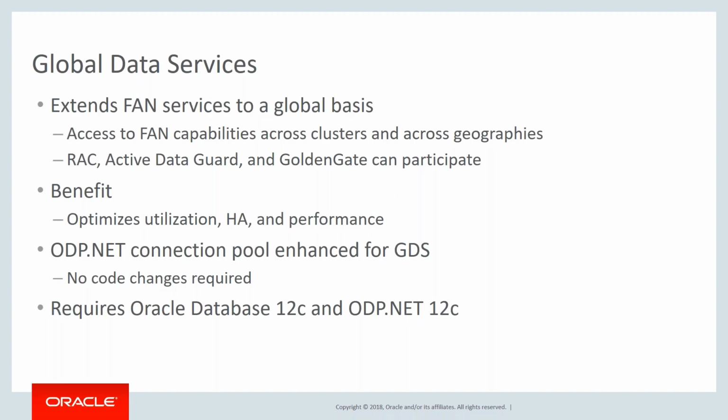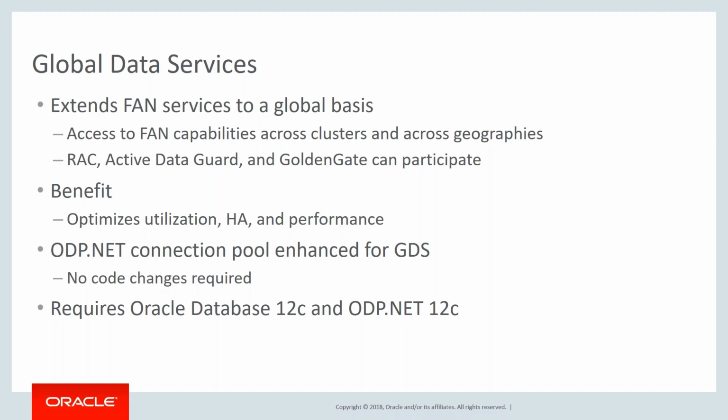And the great thing about GDS is that you don't have to make any code changes. Once you have FAN working with your RAC cluster or with your Data Guard instance, you can just enable it. It'll be enabled automatically once you start using global data services. It will just immediately pick up that the messages CRS is telling us apply to this GDS cluster as opposed to just a localized RAC cluster.